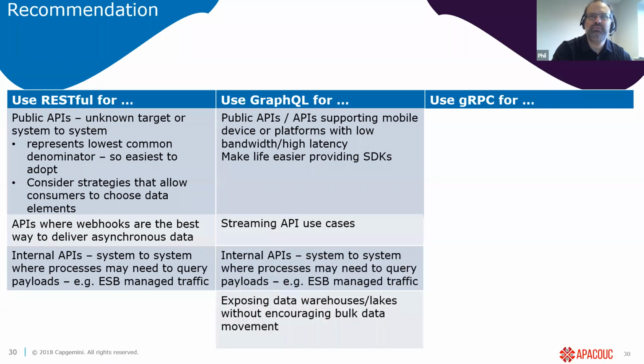When it comes to GraphQL, if you're dealing with a device at the other end, then it's great. It supports streaming. I didn't mention that, but both gRPC and GraphQL will support streaming. It's also very good for public APIs because it tends to encourage good documentation.